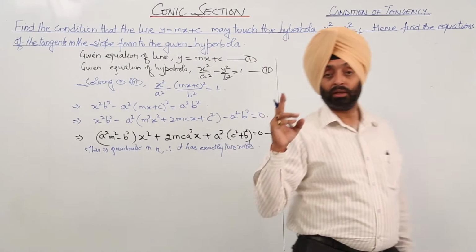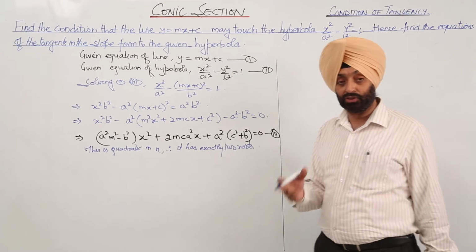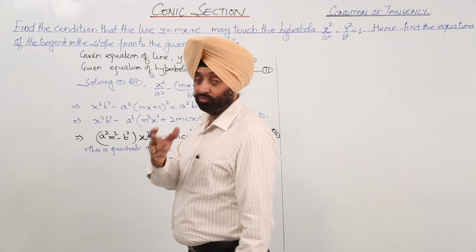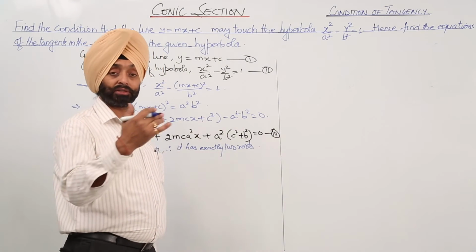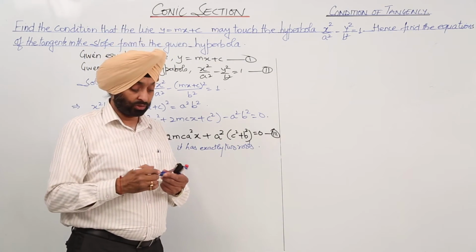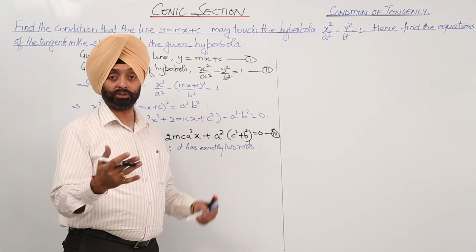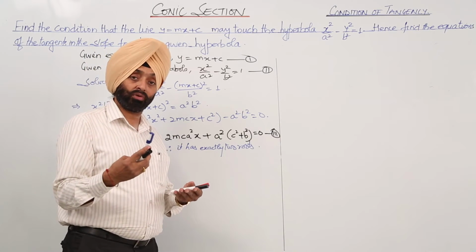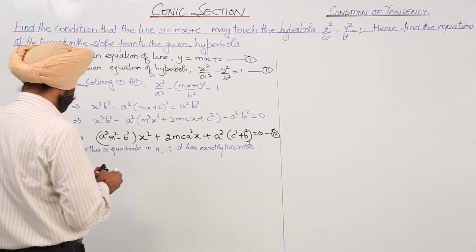Number 1, real and unequal roots when b square minus 4ac is greater than 0. 2, equal roots when b square minus 4ac is equal to 0, and imaginary roots when the discriminant is less than 0. So we are going to follow with b square minus 4ac is equal to 0 because we are required by the tangents.